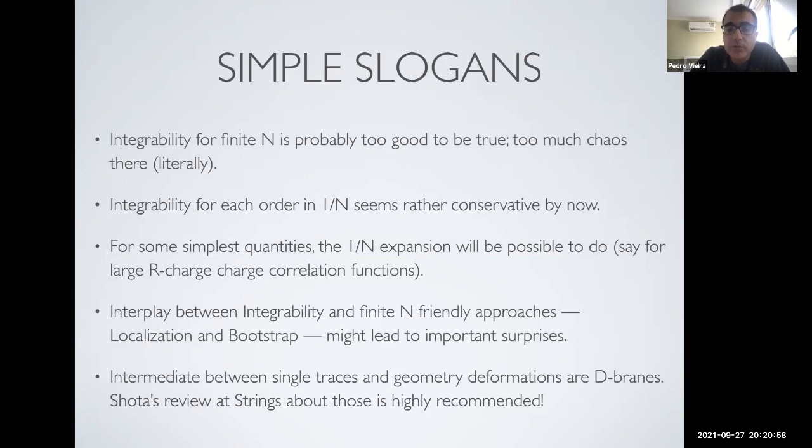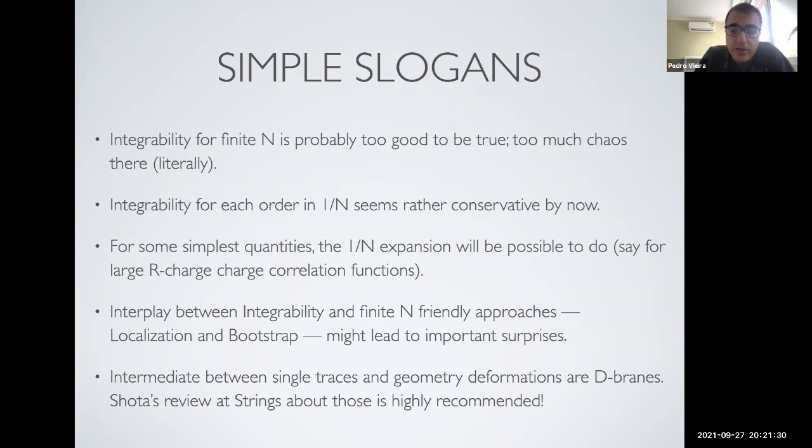Of course, for some simplest quantities, if we can compute all the terms in the 1/n, we might be able to resum them. And of course, I'm being pessimistic, but in a sense, when I say that integrability for finite n probably is not there, maybe we can find some positive surprises by combining integrability with methods that are more friendly to finite n. Localization would be the main one, but the bootstrap as well.